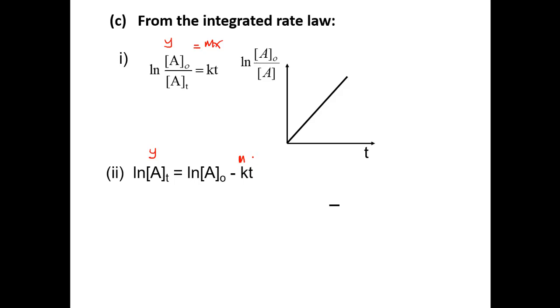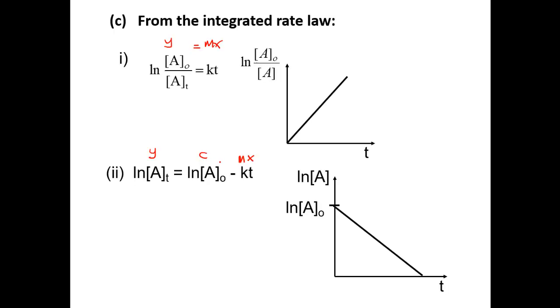And then T is your X axis and ln A0 ni is your Y intercept. So you plot ln concentration against time. You will get a negative gradient because your K ni negative K kan, gradient you negative, and your Y intercept ni adalah ln A0.